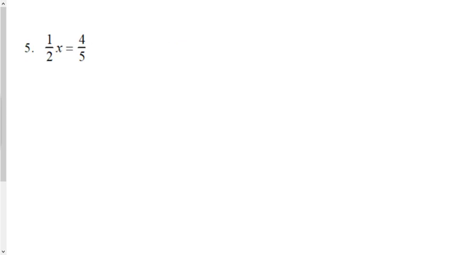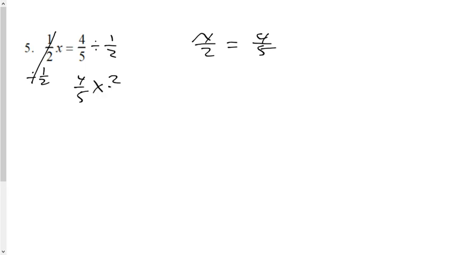Question 5 is a fraction question. It says half of x is equal to 4/5. You could have rewritten it like this. And if you did that, you could divide by a half to get rid of the coefficient of multiplying by a half. But dividing by a half is the same thing as multiplying by the reciprocal, in which case x would equal 8/5 or 1 3/5.